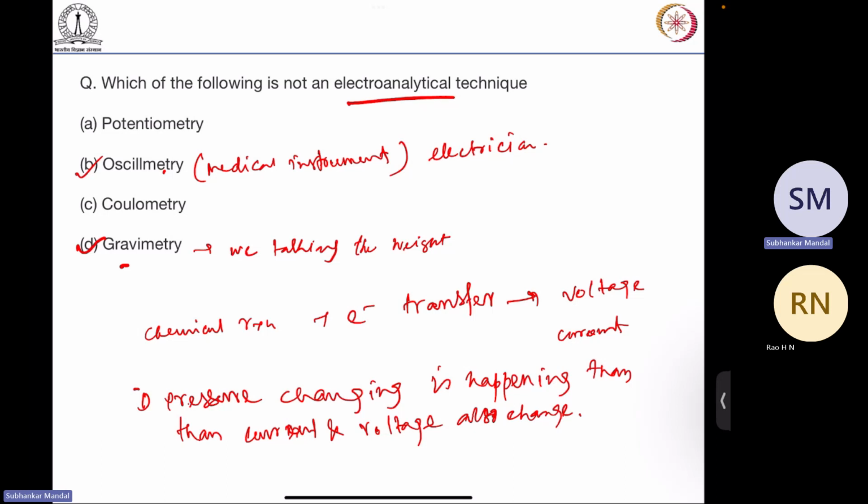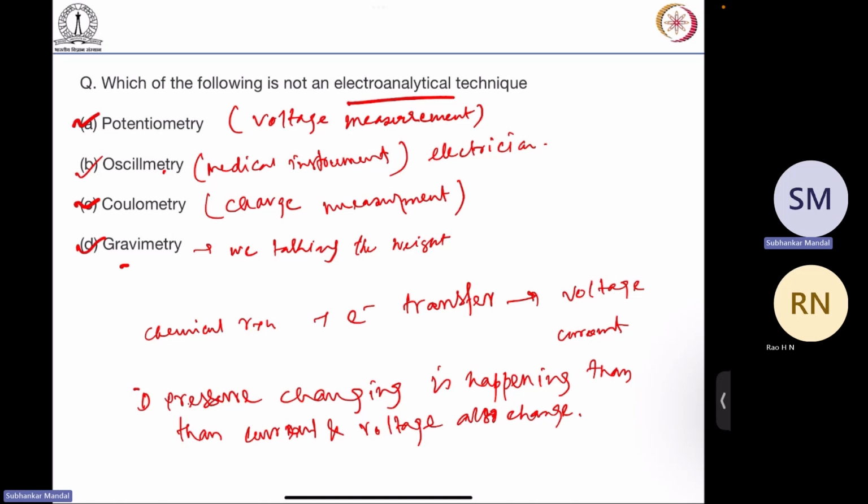So that is also an electroanalytical technique. Potentiometry, you know, is electroanalytical, and in potentiometry voltage is measured. Coulometry basically measures charge.